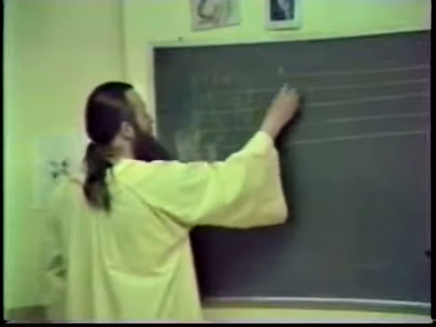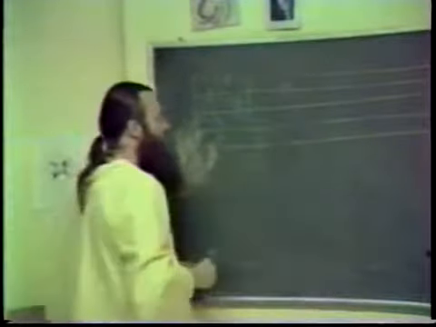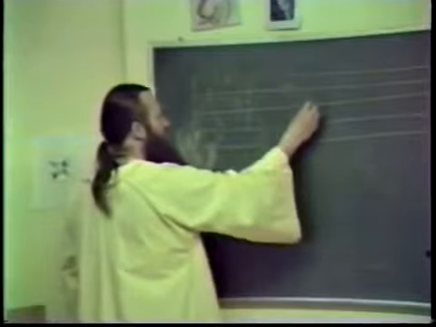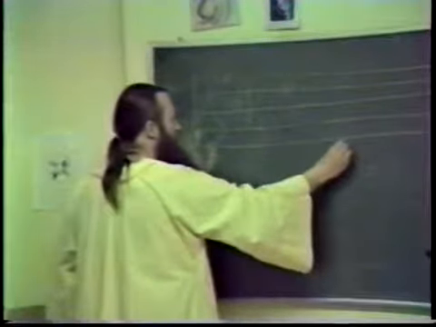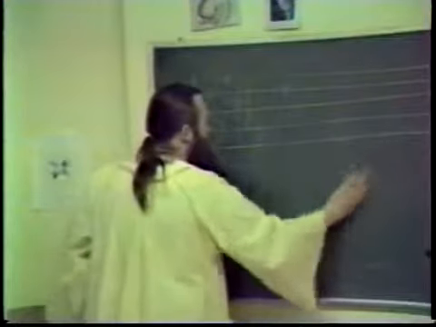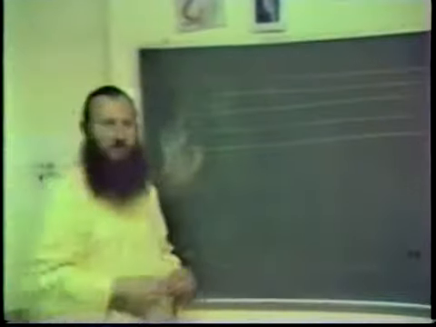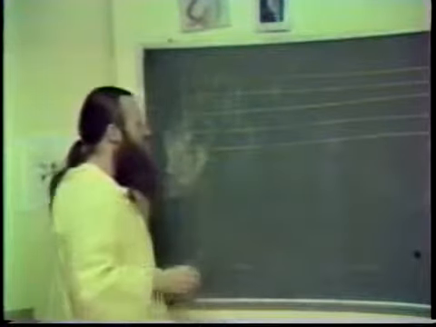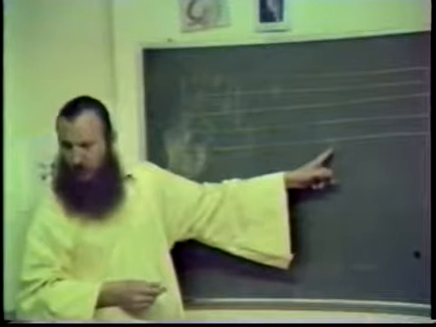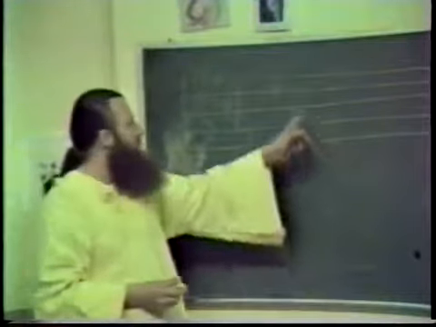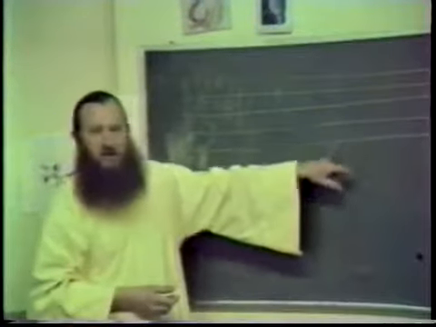If this is 7, that's 1. So now I can count 1, 7, 6, 4, 2, 1. And if people want to play the name game, the name of this is D. So this is in the key of D. All the key of D means is that's where 1 is. It's a line, it's a space underneath.